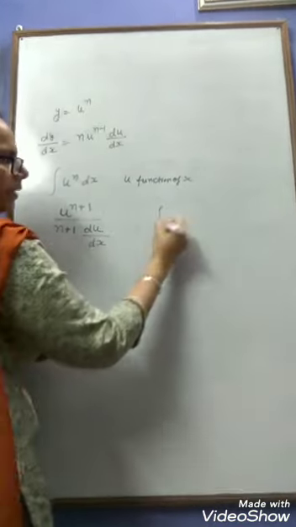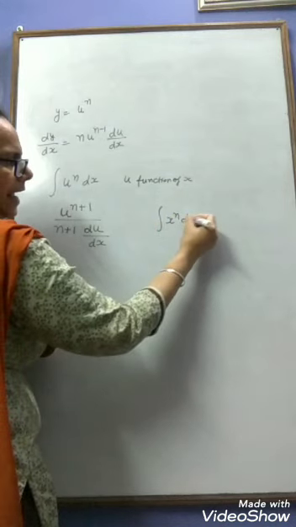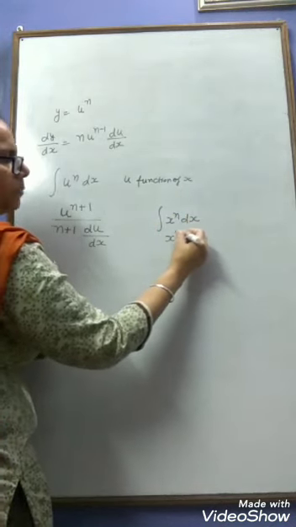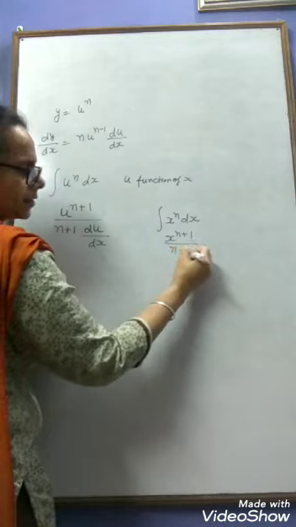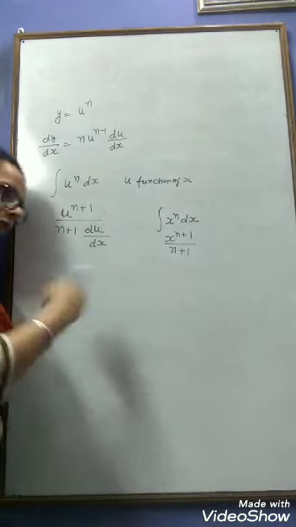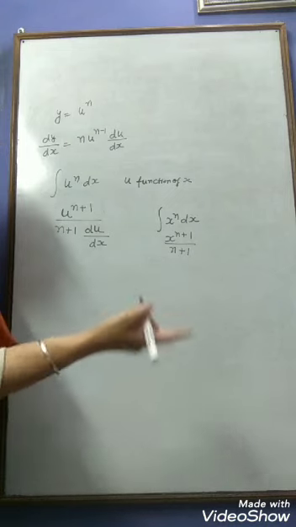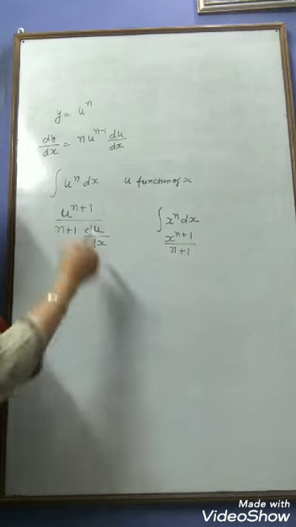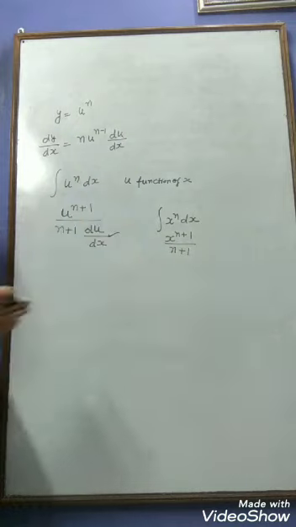Basic is x^n dx, x^(n+1) over n+1. But if the term is complicated, a function of x with respect to which we are integrating, then take its derivative and put that derivative in the denominator.